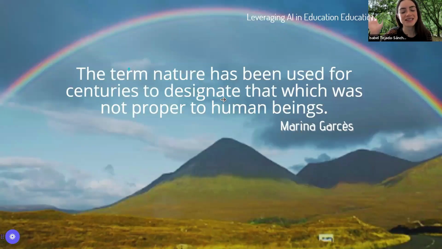She says that the term nature has been used for ages to designate that which was not proper to human beings. So it is very contradictory to say, oh, that thing, AI, is not natural. That doesn't belong to me as human. And actually, it really reflects what we think as humans.